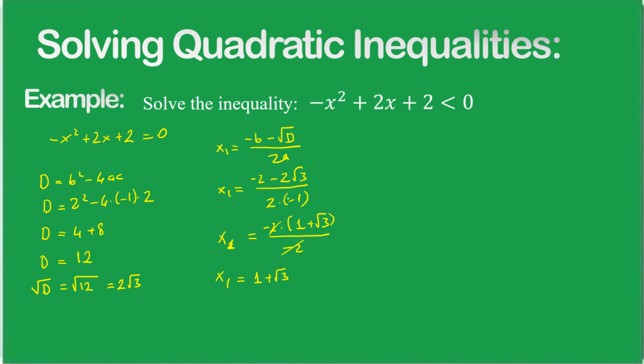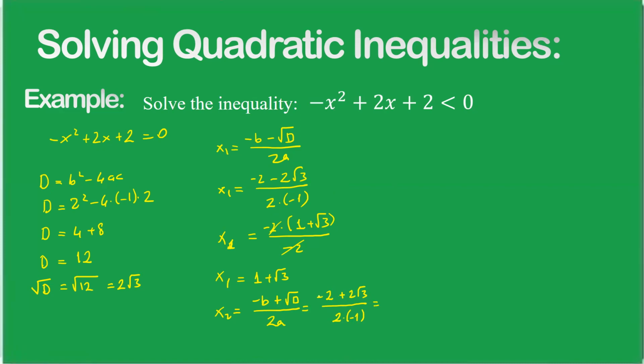So what becomes the second one? x2 is equal to minus b plus the square root of the discriminant over 2a. So it becomes minus 2 plus 2 square root of 3 over 2 times minus 1.